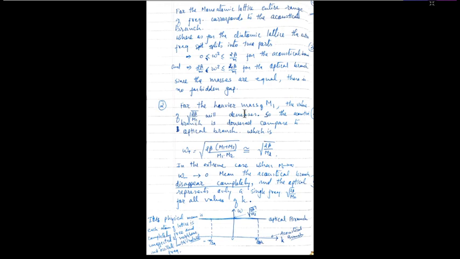So that means the optical branch will come closer to the acoustic branch, and it is written, I think, the acoustic branch is downward compared to the optical branch, which is omega plus is equal to under root of twice beta upon m1 plus m2 upon m1 m2, where m1 is heavier.